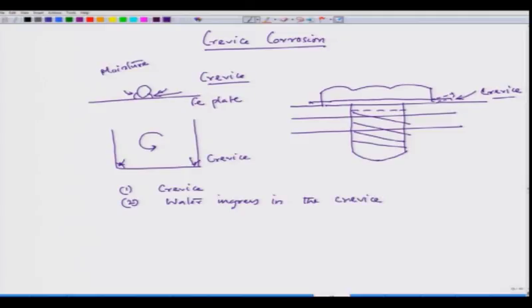When we talk about water ingress, we also talk about another thing, which is stagnant water.